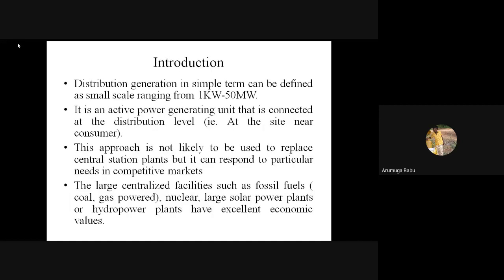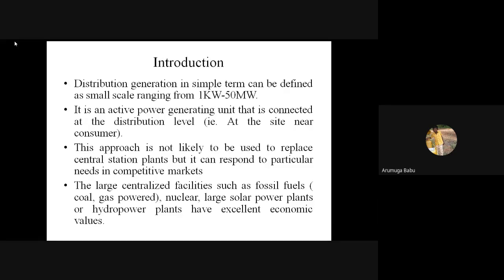So first we are going to see a small introduction about distribution generation. A distribution generation in simple terms can be defined as a small scale generation ranging from 1 kilowatt to 50 megawatts. So normally when we are going for a power station, that will be in a large scale. But when we are coming to a distribution generation, it will be in a small scale ranging from 1 kilowatt to 50 megawatts. So it is the range of distribution generation.